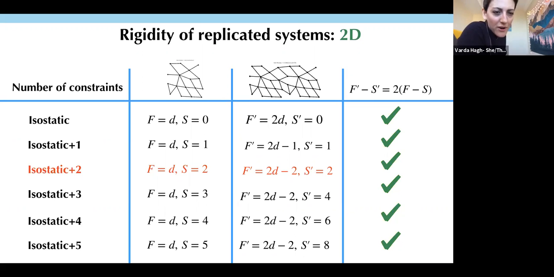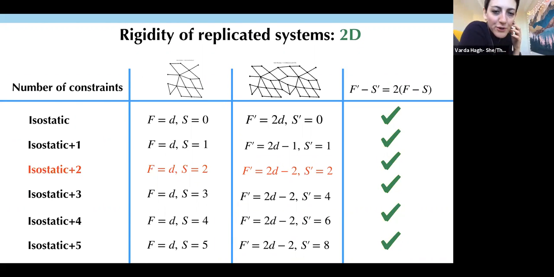from isostatic you are. If you start from an isostatic system, which, if you remember the definition, meant that the number of zero modes is just equal to the d translations and there are 0 states of self-stress, and you double the network or the packing. I mean, you can't really have packings that are isostatic, but if you translate them to networks and then remove one bond, you can get isostatic networks that are coming from jamming.